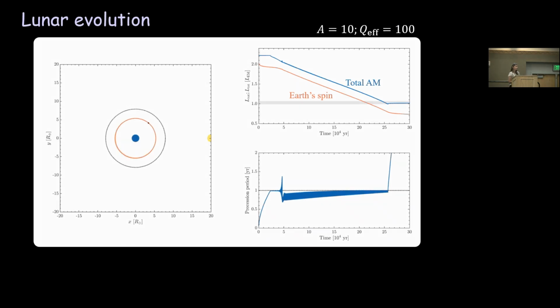So initially, after the formation, the moon is going to tidally evolve outward on a circular orbit, and it's going to conserve angular momentum. The spin of the planet is going to decrease, and the orbit semi-major axis of the moon is going to increase. Eventually, the moon is going to reach where the precession period is exactly 1 year.